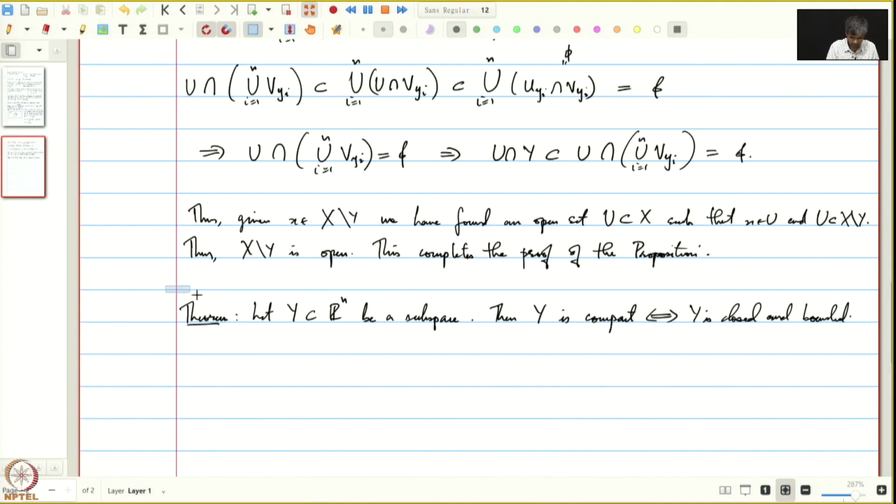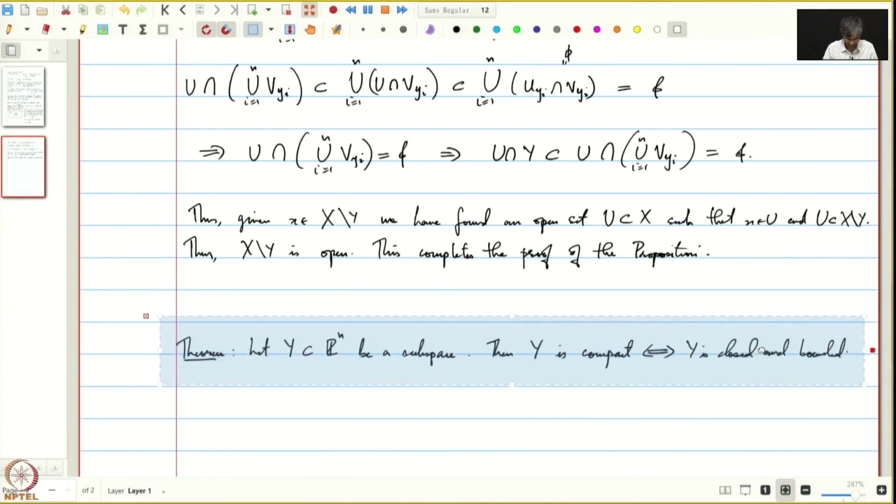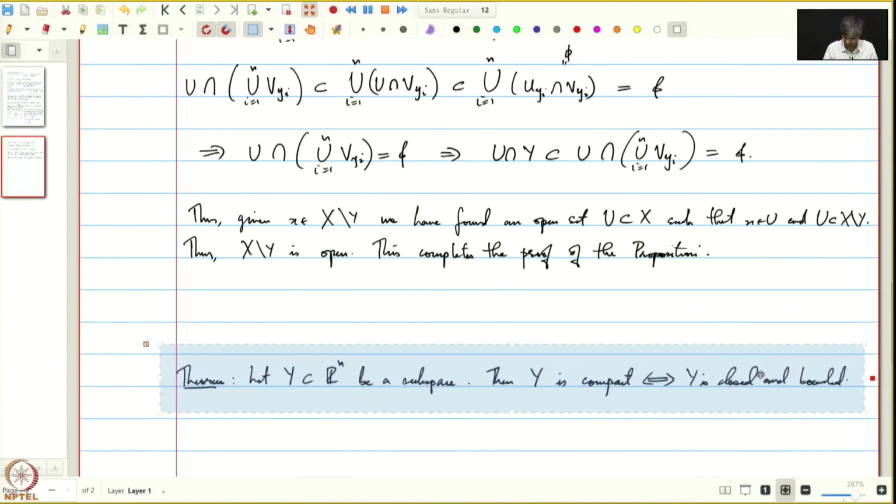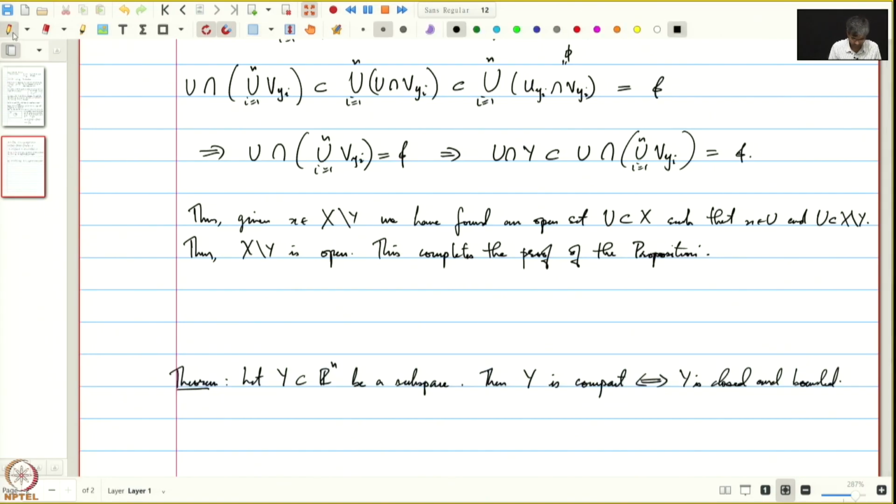So I haven't defined what bounded means, but it means the obvious. So let Y contained in R^n be a subspace.